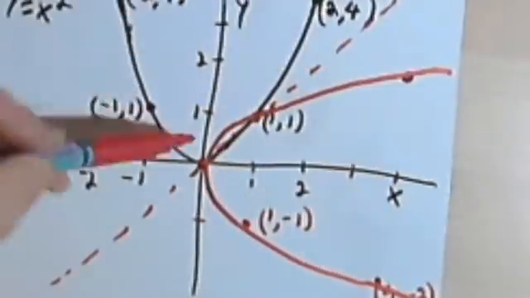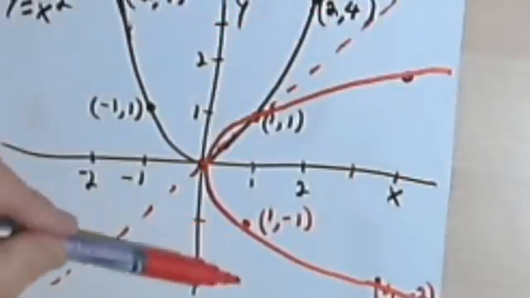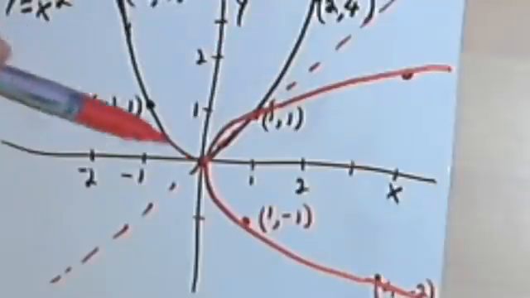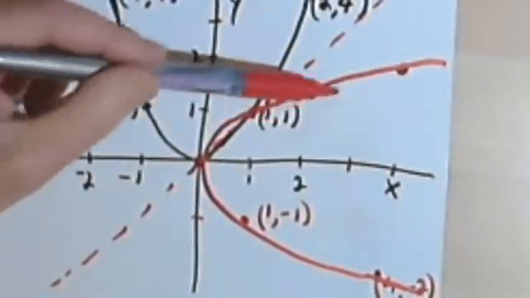Take a look and think about the relationship between these two graphs and the idea of a horizontal line test for the black graph and a vertical line test for the red graph. And you can see why if you fail the horizontal line test for your original graph, your inverse graph will not be a function because it will fail the vertical line test.